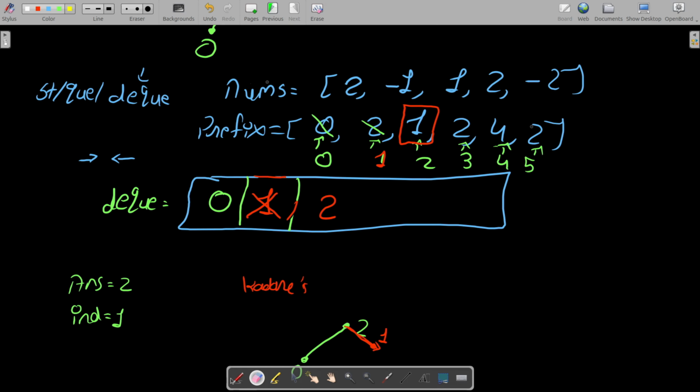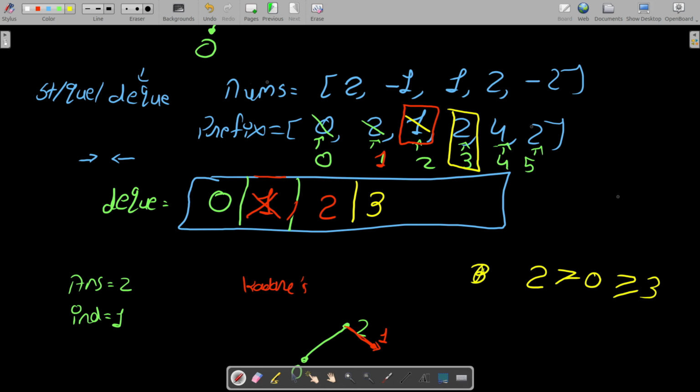Now again we reached the third index, this one. Now we check 2 is greater than or equal to 2 or not. So it is satisfying the condition. We would reach the third index, and we are also comparing that 2 minus 0 is greater than or equal to 3 or not, because our goal is to reach 3 by going in the increasing direction.